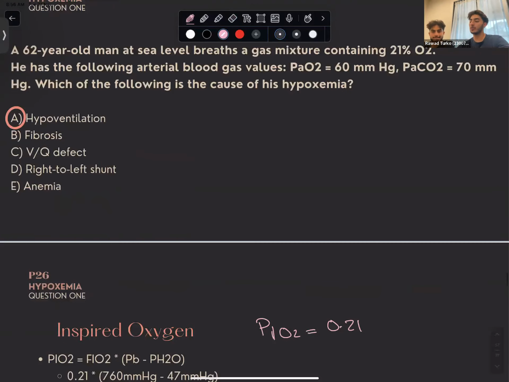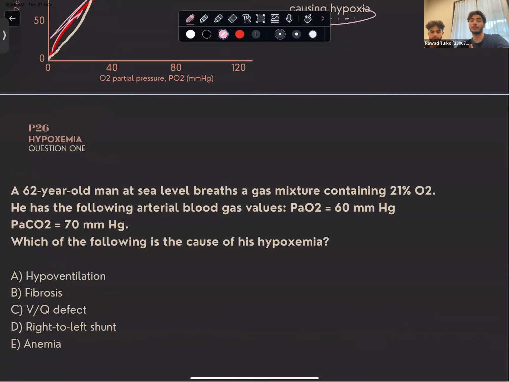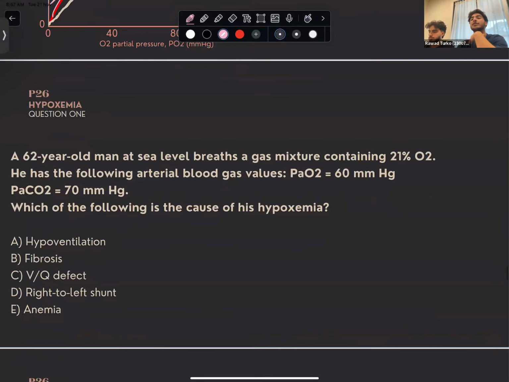By the way, guys, when they give you values like 21%, that means they want you to solve. If they were to give you just PaCO2 and ask what this is, you would say hypoventilation, and you'd be right. But since they gave you the values, it means they want you to solve, because there's a deeper thing that they want you to understand. You don't always have to use the formulas, but for me, it's always better safe than sorry.